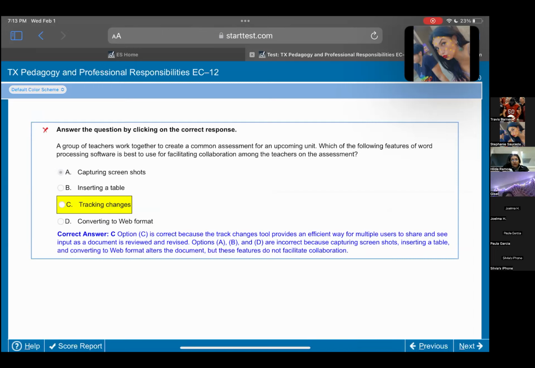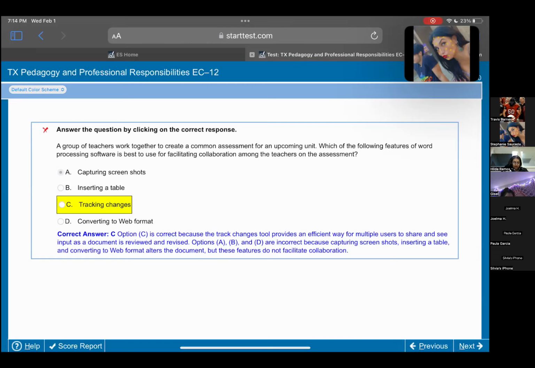So we have a group of teachers and they're working together to create a common assessment. They're all doing the same unit and they want to create an assessment for them. So we're looking for a software program that would facilitate that collaboration best when they're working on that. So we have capturing screenshots, inserting a table, tracking changes, converting to web format.